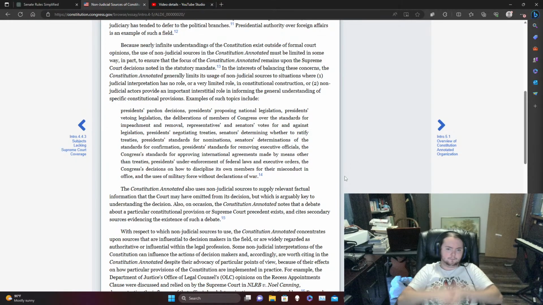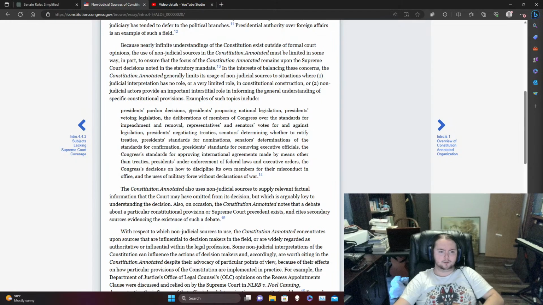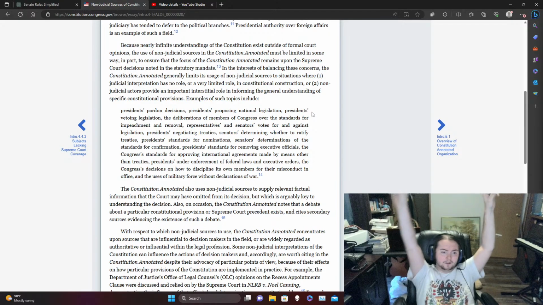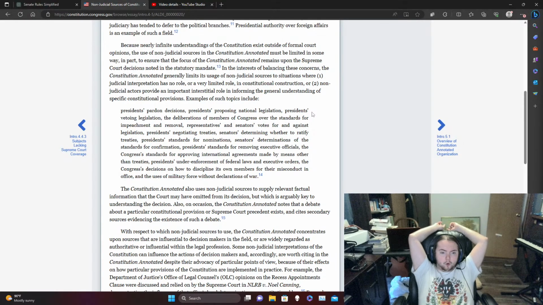In the interest of balancing these concerns, the Constitution Annotated generally limits its uses of non-judicial sources to situations where 1. The interpretation has no role or a very limited role in constitutional construction, or 2. The judicial actors provide an important interstitial role in informing the general understanding of specific constitutional provisions.